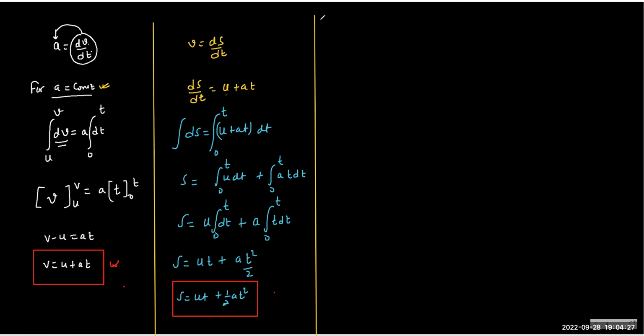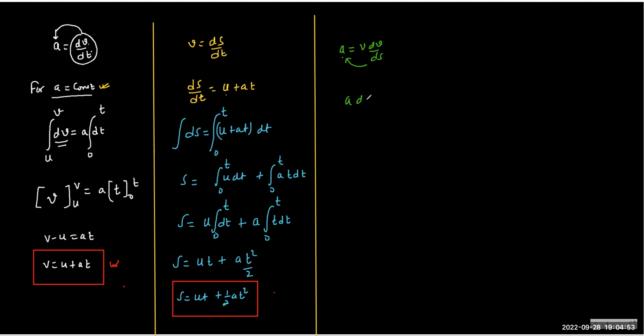So to get a relation without t, which relation of acceleration should be used? First or second? Common sense. You do not want t. Second. So you will definitely go with second. That's a logical step. I mean, no one is going to force you to use that. So we'll write a as v dv by ds. Now, luckily, a is a constant, so I can take a and ds on one side.